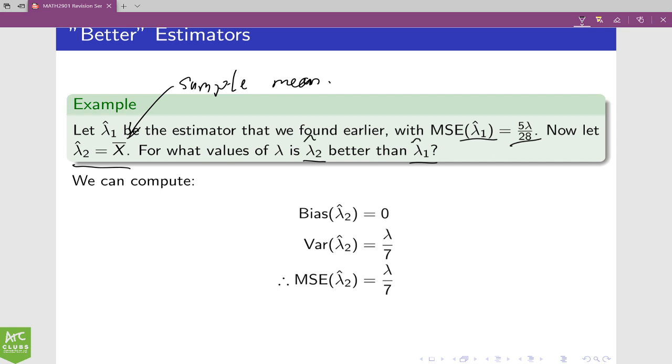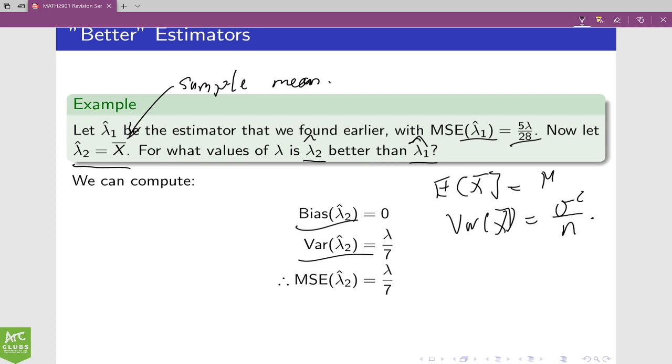So to do this, you need to find the mean square error of the second one. And to find the mean square error of the second one, you just find the bias and the variance. This is just from the fact that the mean of an average is just itself, and the variance of an average is just sigma squared over n. Sigma squared is lambda in this case.